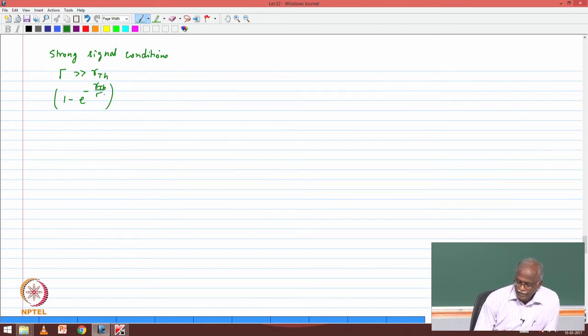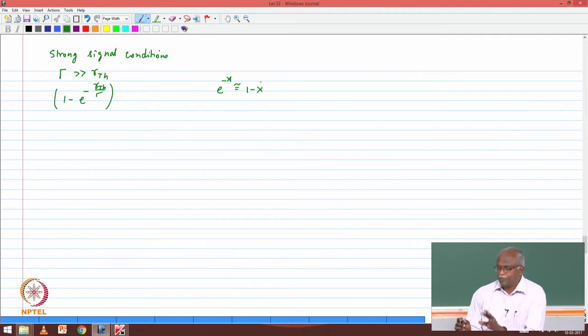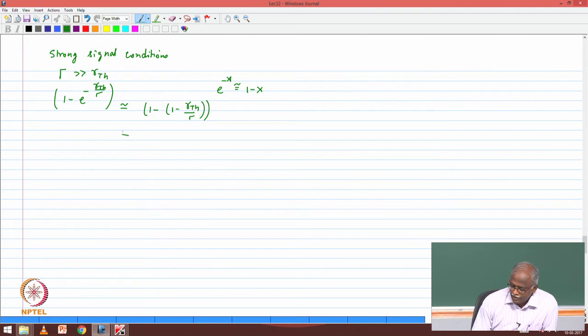Notice that the exponent is very small. So you can use the following approximation: e power minus x is approximately 1 minus x. That's an approximation when x is small. That's a fairly good approximation. So this can be approximated as 1 minus 1 plus gamma threshold by gamma. Okay, so this is nothing but gamma threshold by gamma.